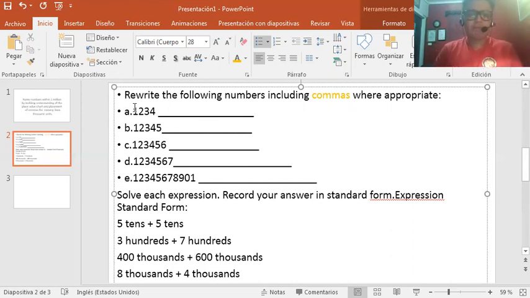So let's go. I have 1,234. When we are talking about thousands, don't forget that 1,000 has four numbers. 1,000 has four numbers.